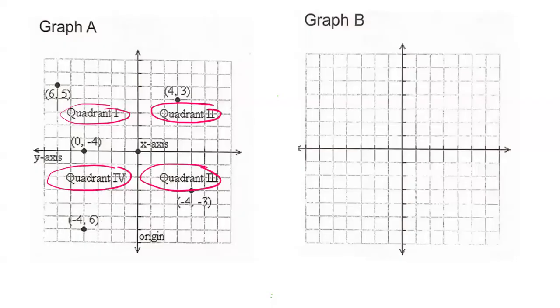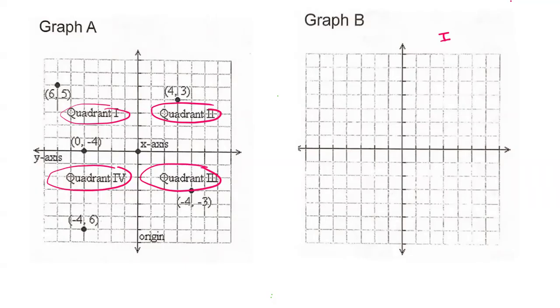So let's look at quadrant number 1. Where does quadrant number 1 go? The top right, top left, bottom right? Top right. Very good. So quadrant 1 is going to go to the top right. This is really important, especially if you go into trig.